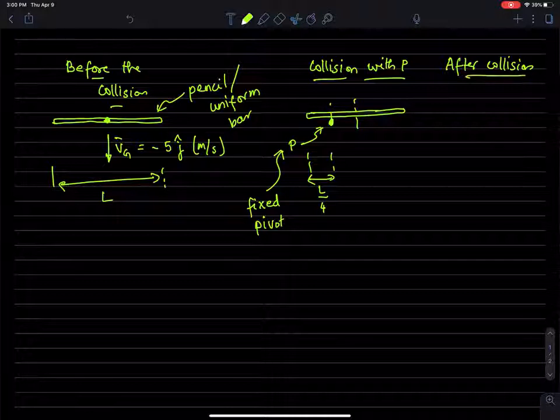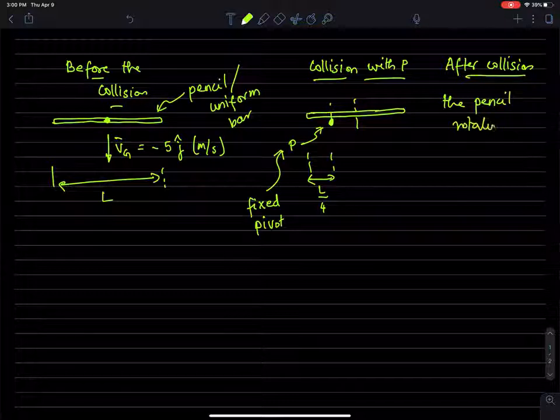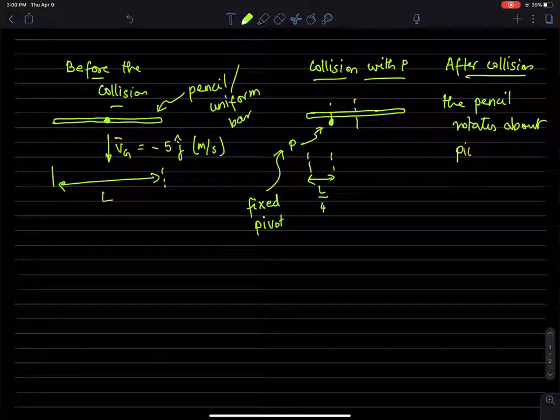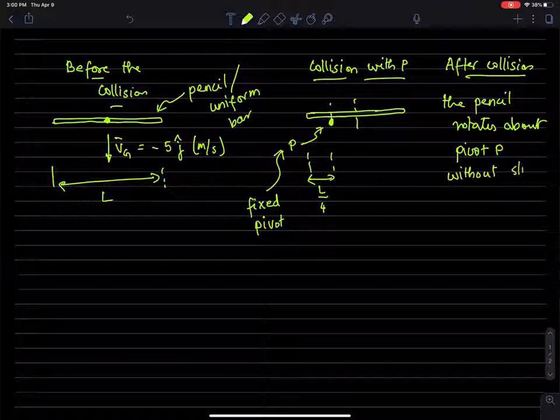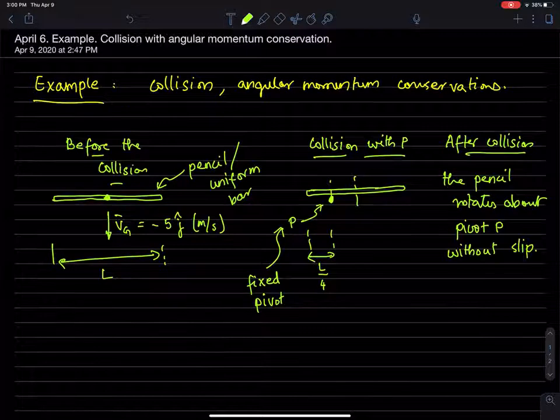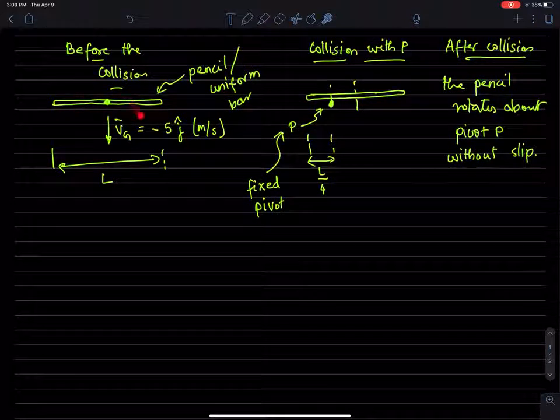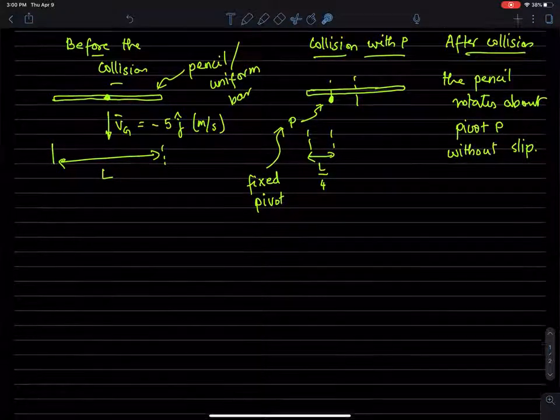After collision, the pencil rotates about pivot P without slip. Okay, so this is the situation before the collision, this is the situation after the collision.